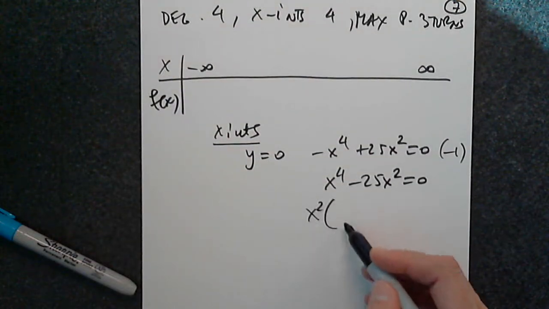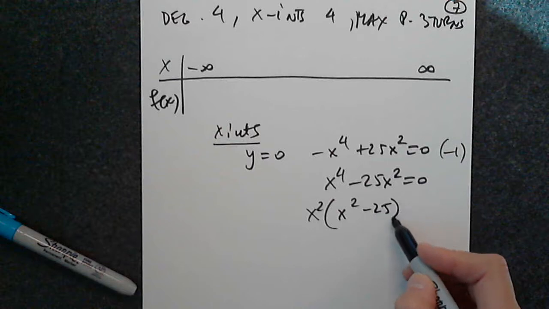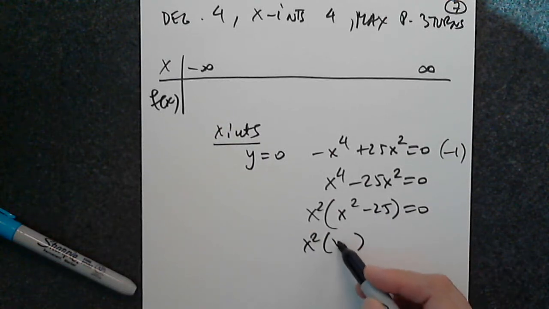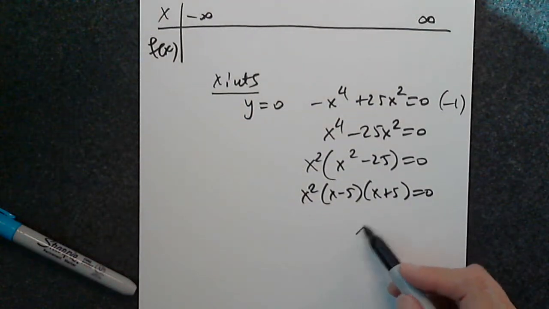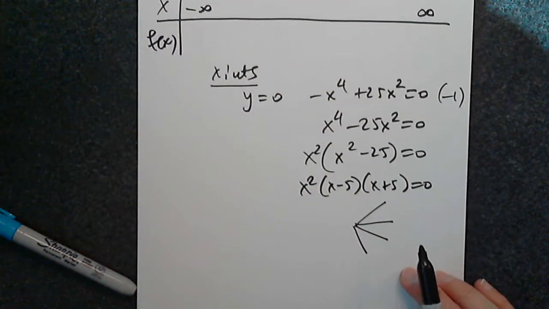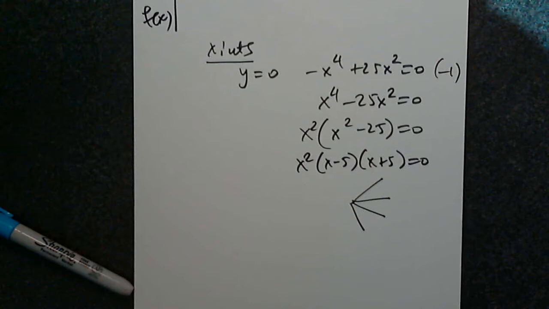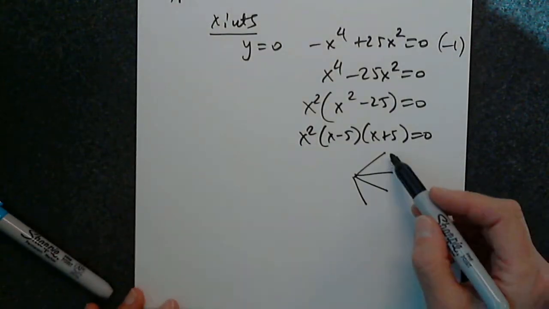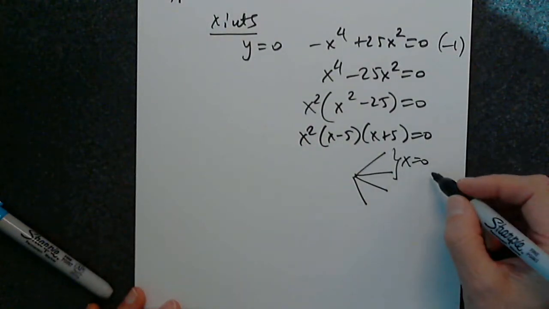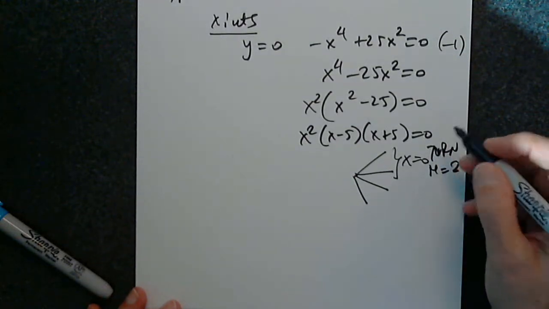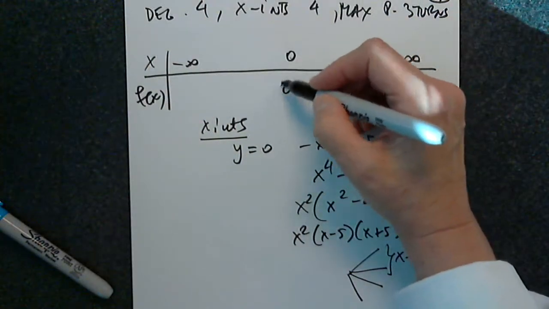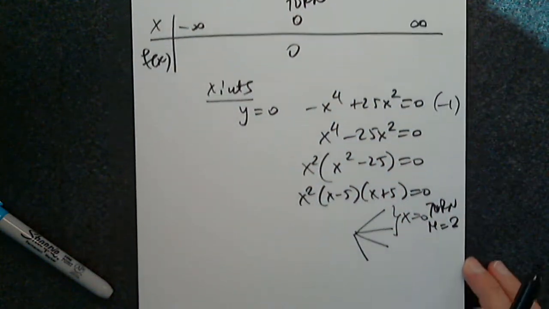And we will factor out x squared and get this, and continue factoring into x plus 5, x minus 5. And when you're ready, please give me 4 solutions. Twice. So x equals 0 twice, multiplicity 2, which means turn. So 0, comma 0, turn.